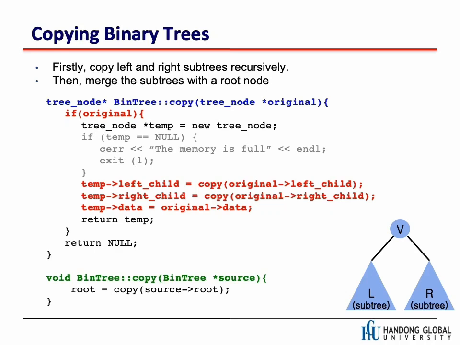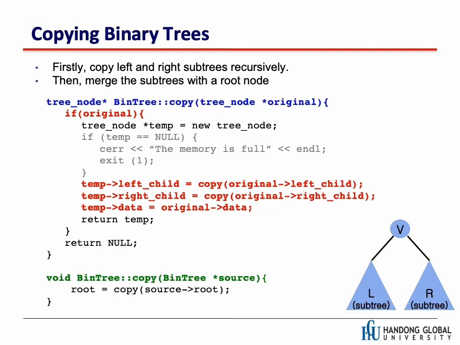Let's take one step further and try the first copy function here. Temp left child is copy of original left child. If we call this function with this parameter, then in the function, original will point to the root node of the left subtree. And we do this again.